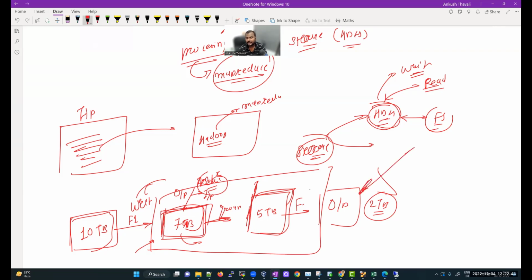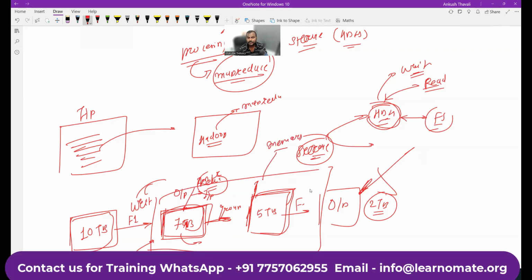My output is here in the last stage. Can we process all this intermediate operation in memory? So then they thought, okay, let's discuss Spark. The problem with the MapReduce framework was that all the intermediate operations were done at the disk level.